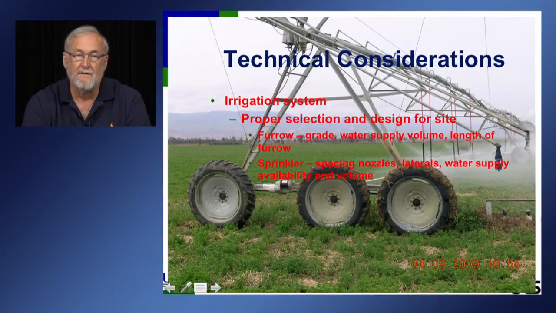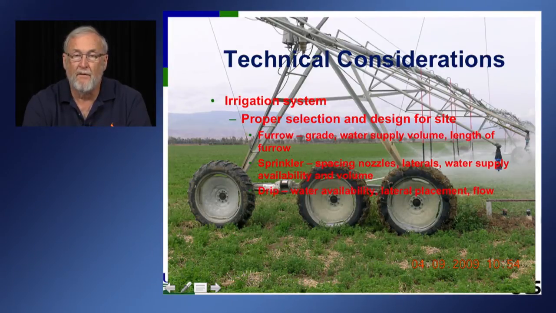What about sprinklers? Sprinkler systems, the critical aspects are providing the right nozzle spacing and lateral spacing. Again, you have to have sufficient water supply to be able to run this. Then you also have to have adequate pressure for the system.